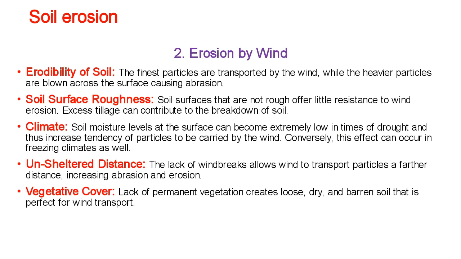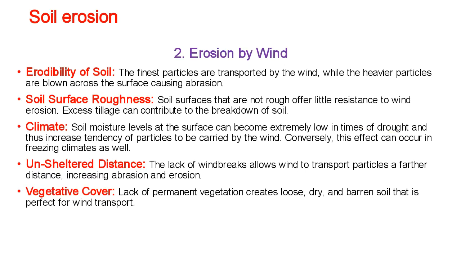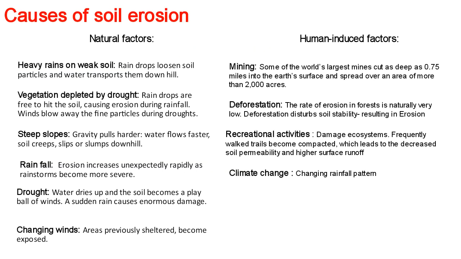I am not reading it, as it is easy to understand, just to save the length of the video. You can take time and read it. It is the same as what we saw in the previous case, but the difference is here we have natural factors, and some additional category called human-induced factors.